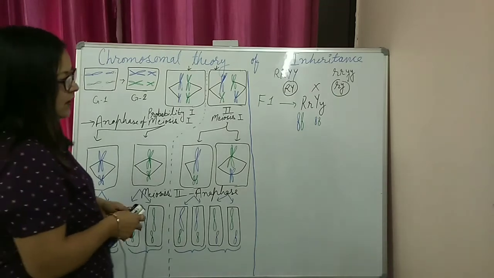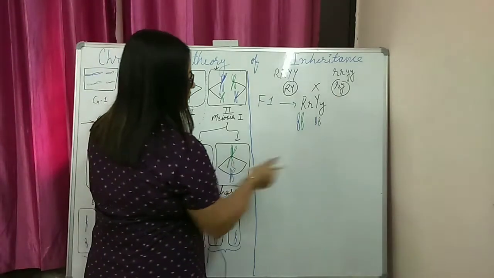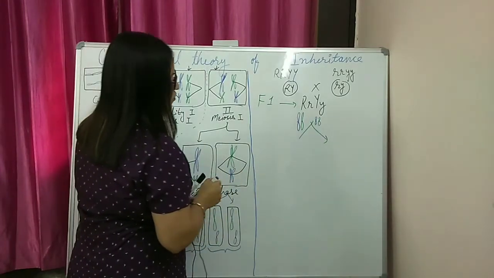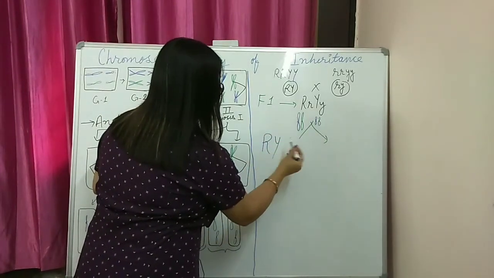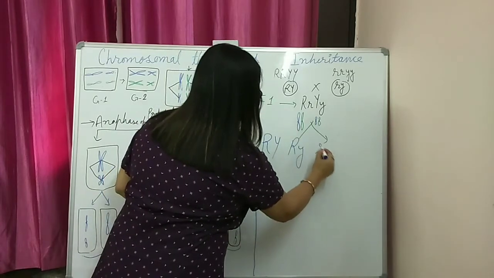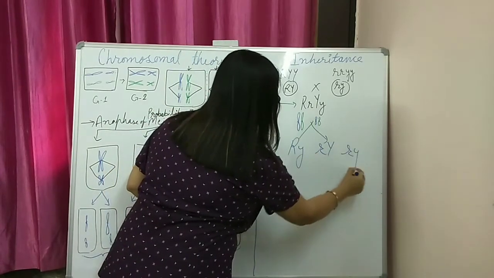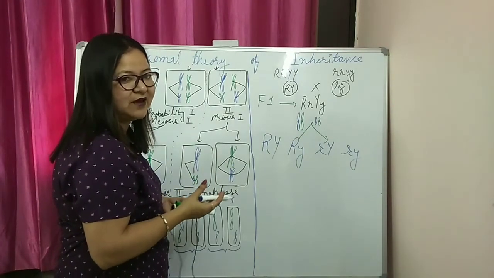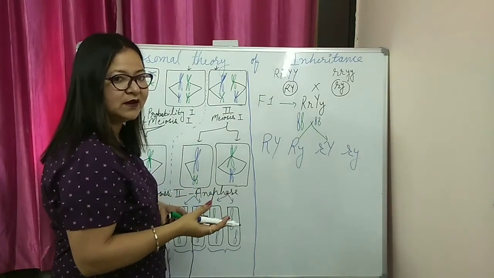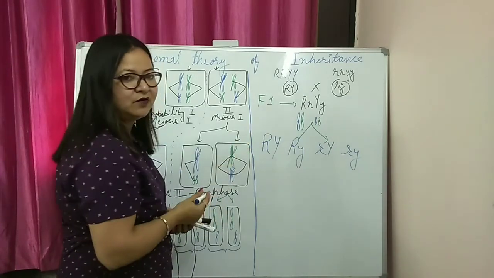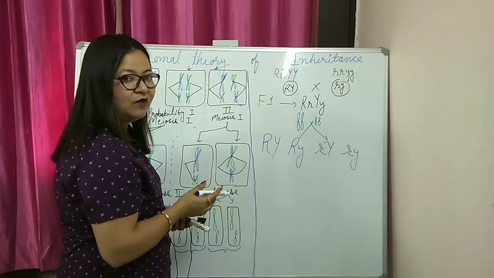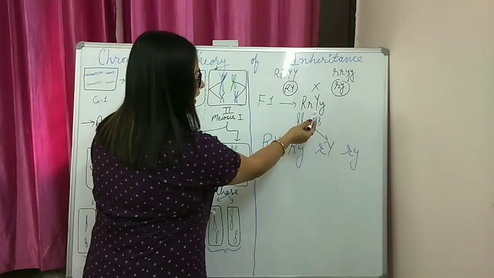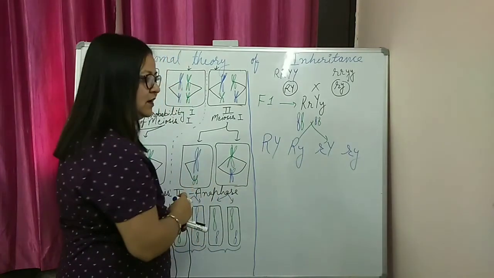Now in Mendel's inheritance we made the gametes from this hybrid, and we made these 4 types of gametes. By their random fertilization we get the ratio of 9:3:3:1, and by this dihybrid cross Mendel explained the law of independent assortment, that the assortment of one pair of characters is independent of another.